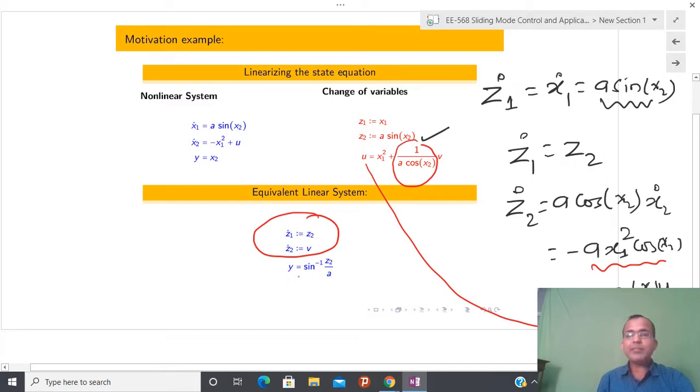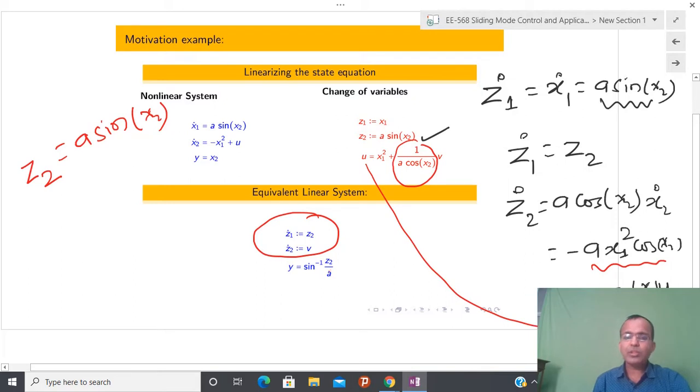Now please be careful here. Once you change to a different coordinate, you also have to look at your output. So in this process, I can write the relationship in terms of the new state variable z, and basically this x2. I have to calculate x2 from here, and it is possible to show that it is sine inverse of z2 by a.